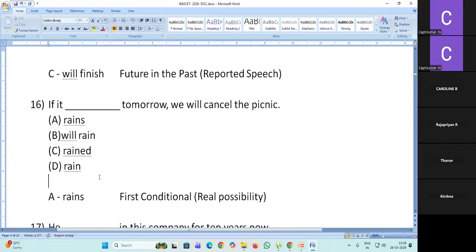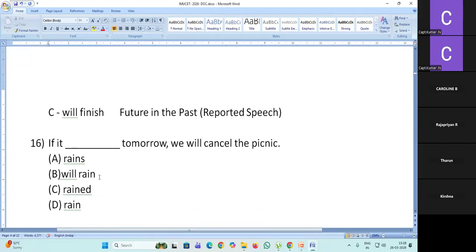Next one. If it dash tomorrow, we will cancel the picnic. See, this is an if conditional sentence.